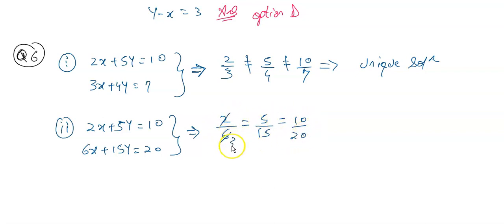So 1/3, 1/3 and 1/2. So these ratios are not all equal, but a1 upon a2 is equal to b1 upon b2, which is not equal to c1 upon c2. This is the condition for parallel lines, and parallel lines mean no solution, right? So this system of equations will have no solution.